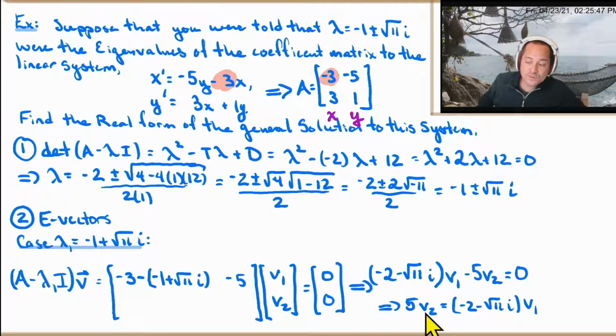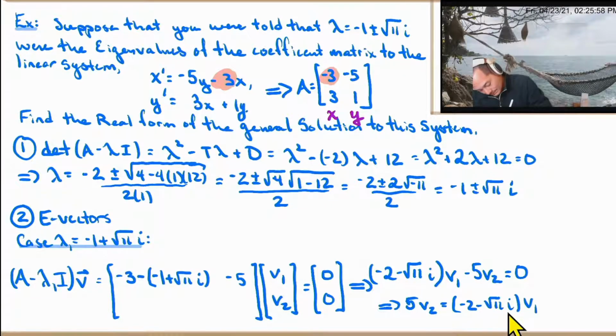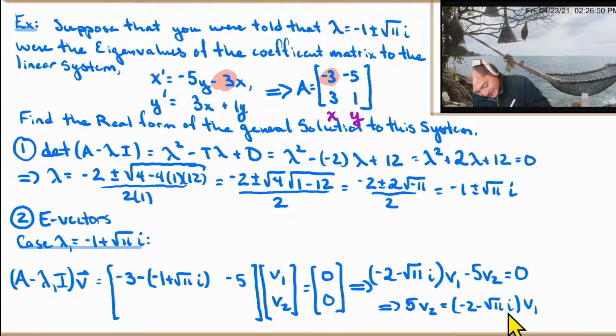But if I solve for v2, then I'll divide both equations by 5, and I'm going to get all these 1/5 lying around. And I don't really want that. And so what I'm going to do is I'm going to say let v1 be equal to 5.